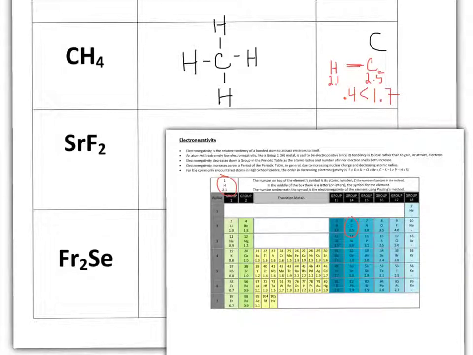And so we've got our slightly positives and our slightly negative in the middle, and that's nonpolar. Now, hold off drawing all of these symbols for now. I just want you to do the calculating of these numbers to start.